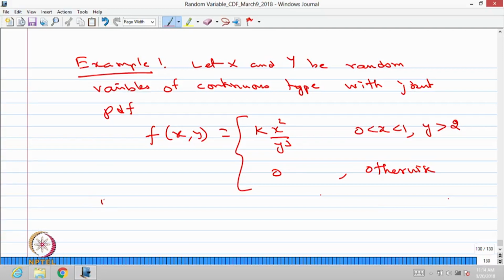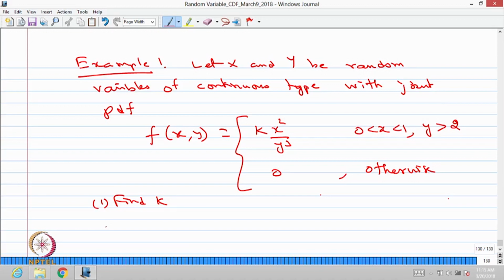So, the first question is: find k, so that this is a joint probability density function of a 2-dimensional random variable of continuous type. Second question: find the probability that x is less than 1 by 2 and y is greater than 6.